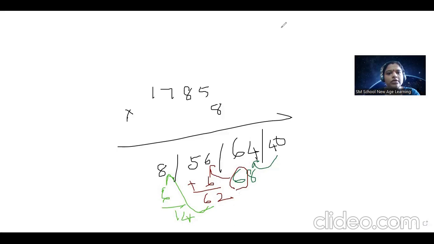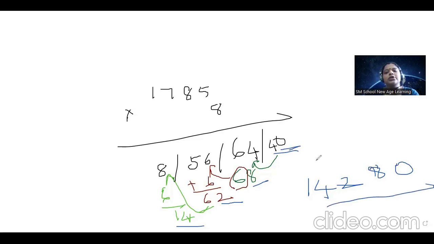So on the whole, your answer becomes 14. And this 2 is here. This 8, you have to write it here. This 0, you should write it here. So on the whole, your answer becomes 14,280. I hope it's clear for you.